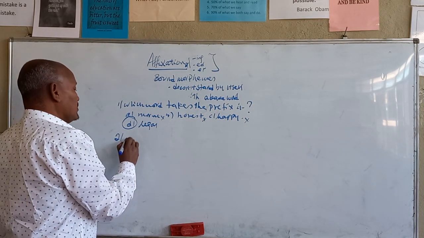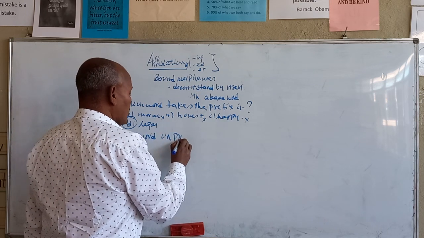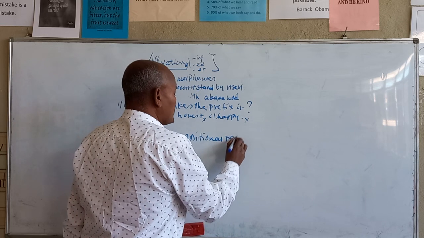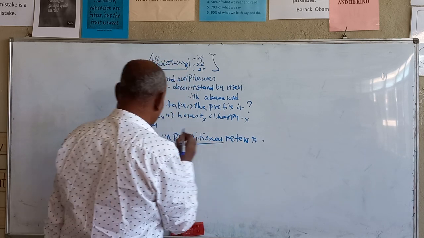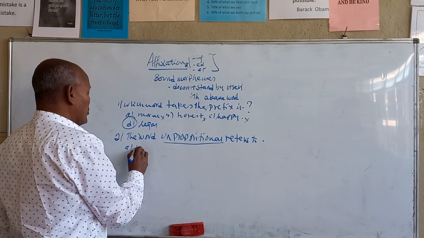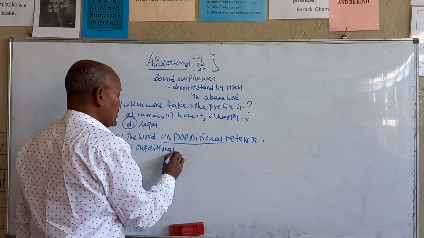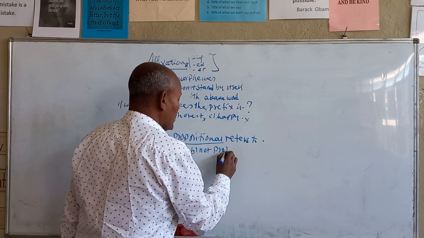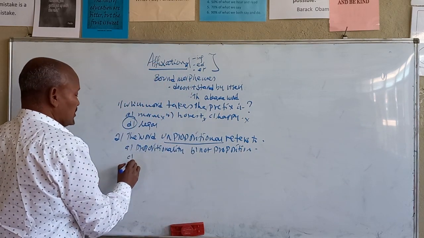Yes, the word unproportional refers to A, a proportionality; B, not proportional; and C, yeah.